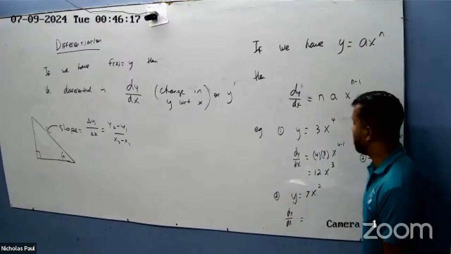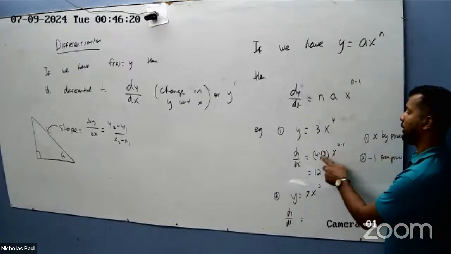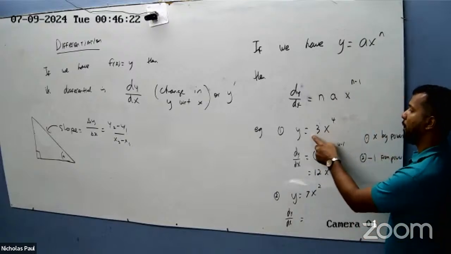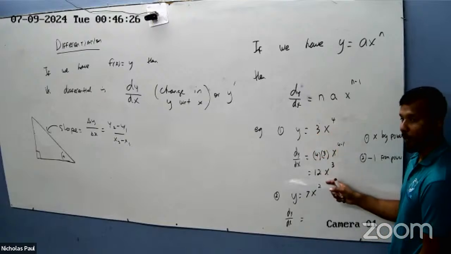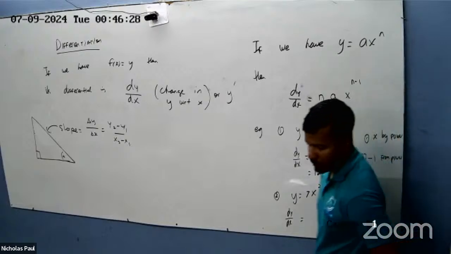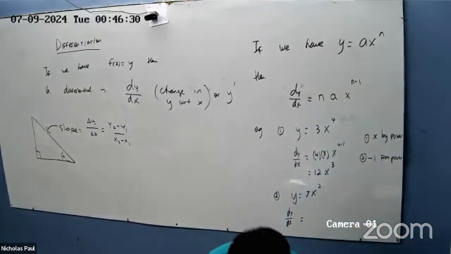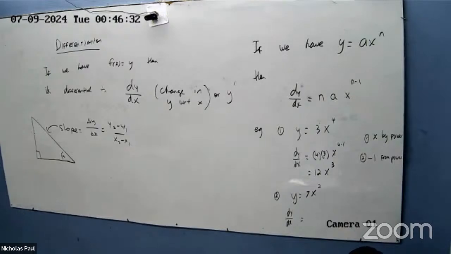Any questions online? Well, watch it again. I bring down the power. I write back the 3 and minus 1 from the power. So I end up with 12x. Copy down. Try number 2.